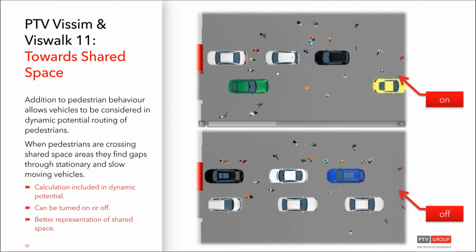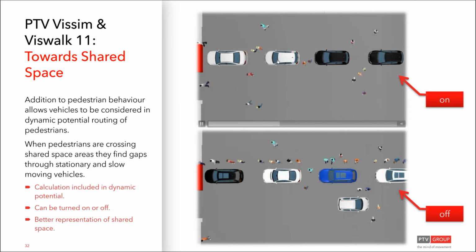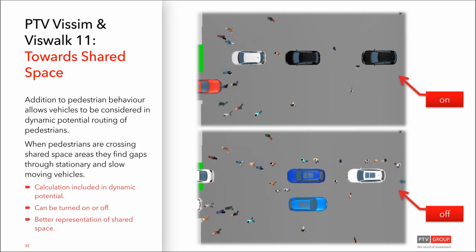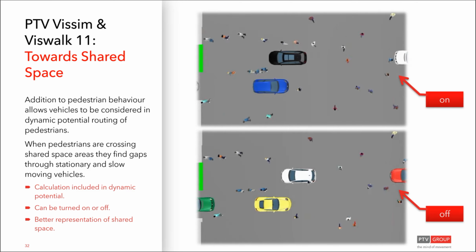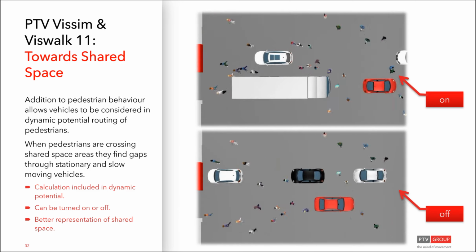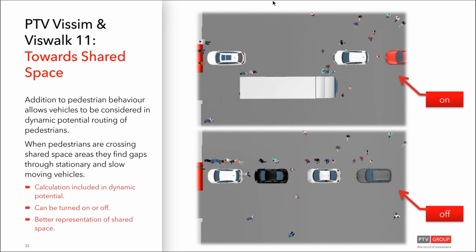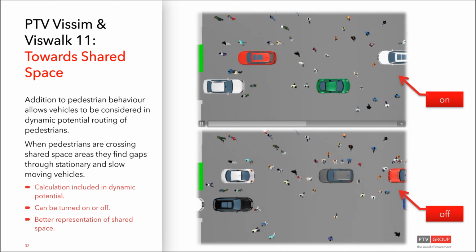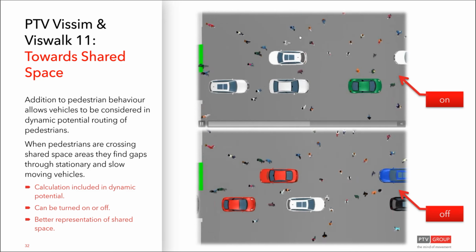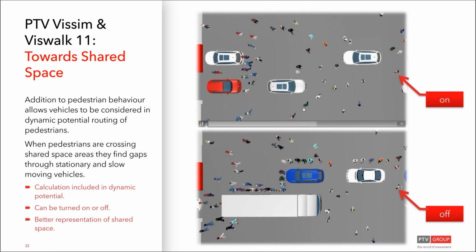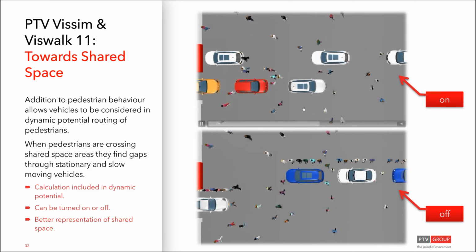But if you activate that the vehicles are considered in the dynamic potential, maybe explaining dynamic potential, it is a calculation method for how the pedestrian will walk towards its destination, then the pedestrians see the vehicle and go around the vehicles, so they walk much more intelligently towards their destination.